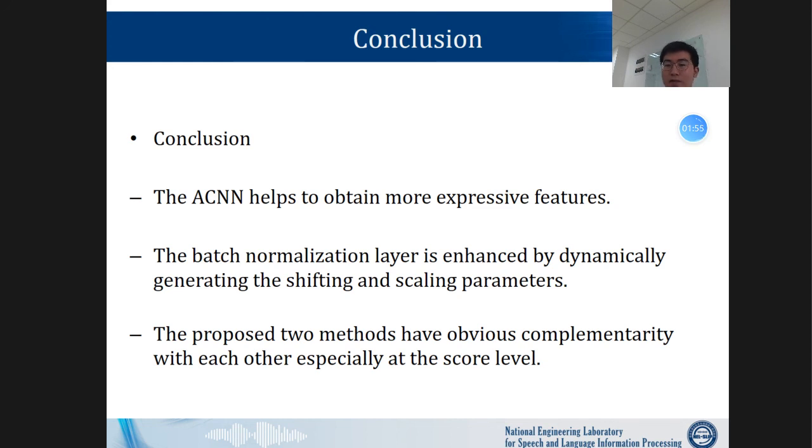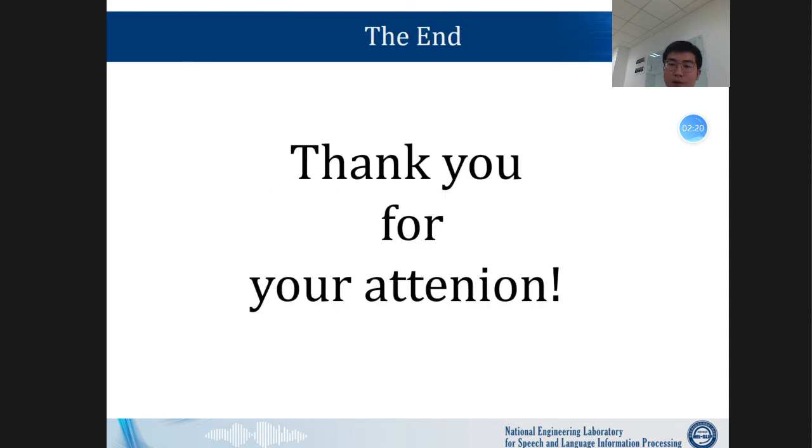Such a mechanism helps to obtain more expressive features. Furthermore, the batch normalization layer is enhanced by dynamically generating the shifting and scaling parameters. The proposed two methods have obvious complementarity with each other, especially at the score level. My presentation is finished. Thank you for your attention.